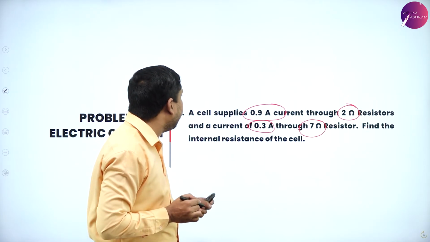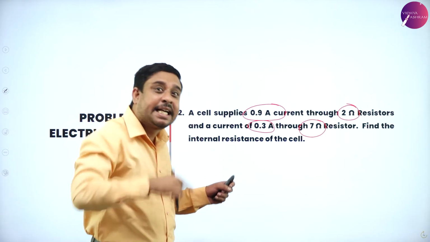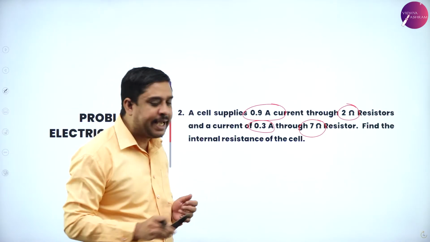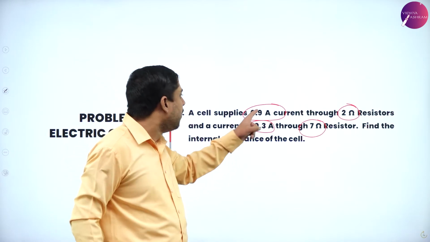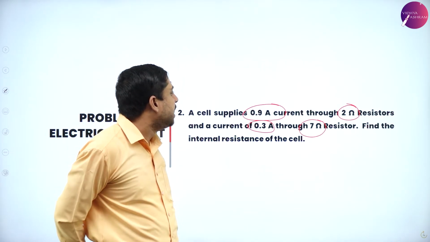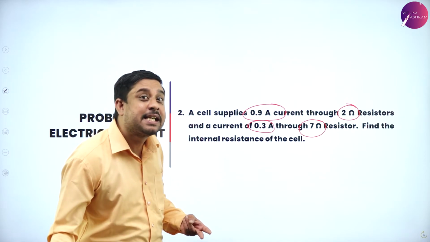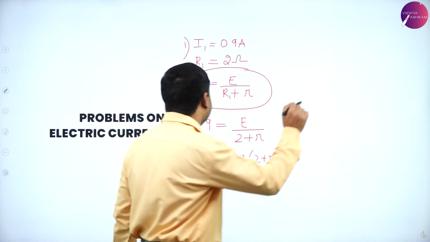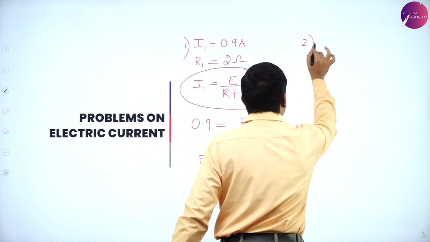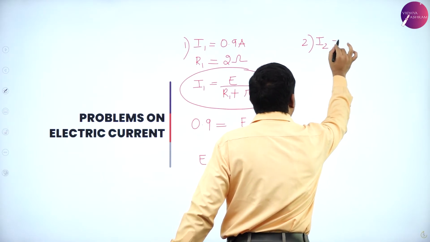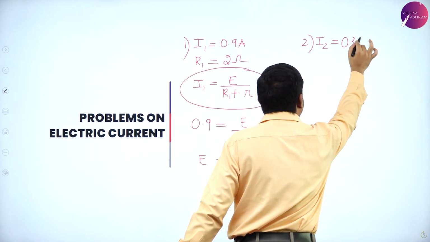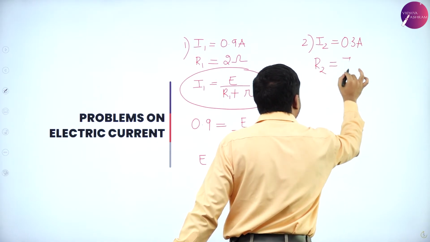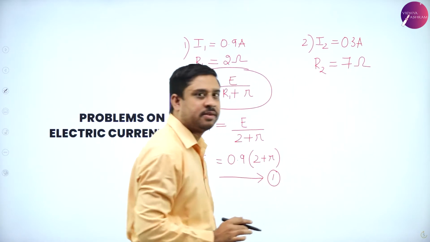Now similarly, in the next case, it is supplying a current of 0.3 ampere when the resistance now is 7 ohms. So, in the next case, I2 is 0.3 amps when the resistance is 7 ohms.